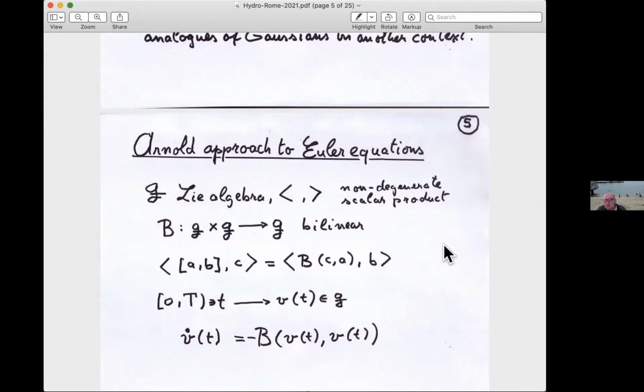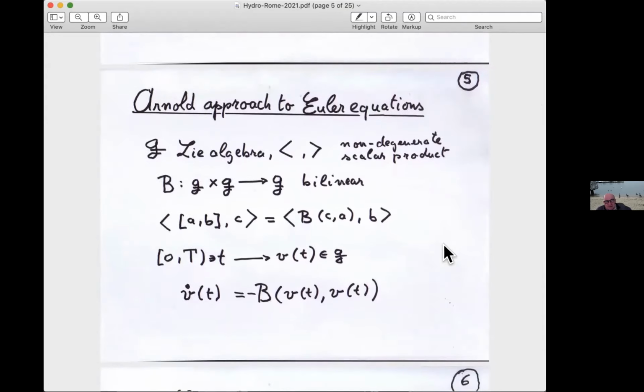I am going to use as a recipe the Arnold approach to Euler equations. So in the Arnold approach, the ingredients are a Lie algebra G, a non-degenerate scalar product on the Lie algebra, and one has to find a bilinear form B from the Lie algebra to the Lie algebra, such that the following relation holds.